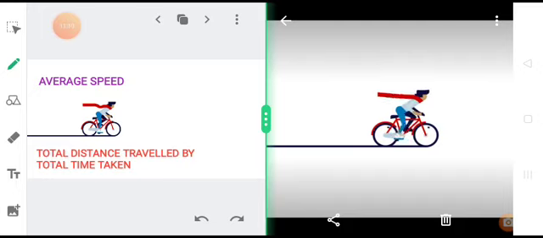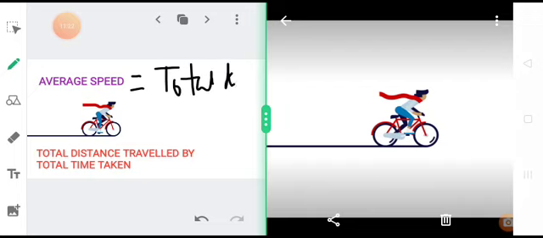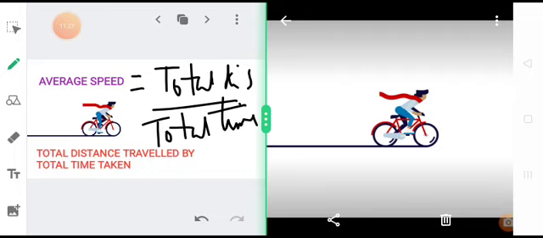Average speed is calculated by seeing how much is the total distance traveled and the total time taken. So average speed is total distance divided by total time. This is the formula for average speed: total distance traveled divided by total time taken.